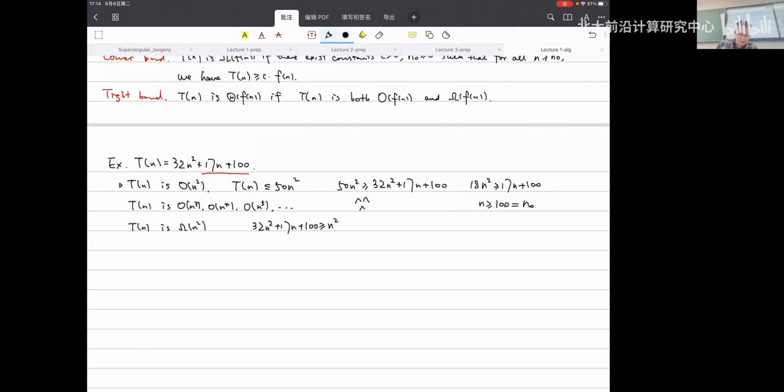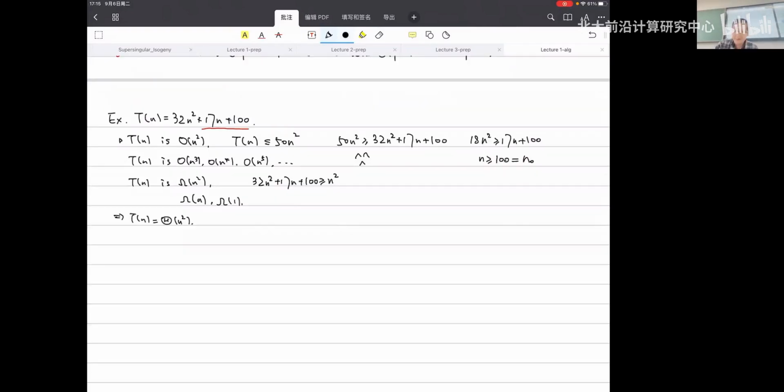So this kind of polynomial thing is very transparent: T(n) is omega of n squared, and of course also omega of n, and omega of 1. This gives the conclusion that T(n) is theta of n squared. As long as you have a summation of polynomials, the easy thing is to look at the leading term and everything follows naturally.